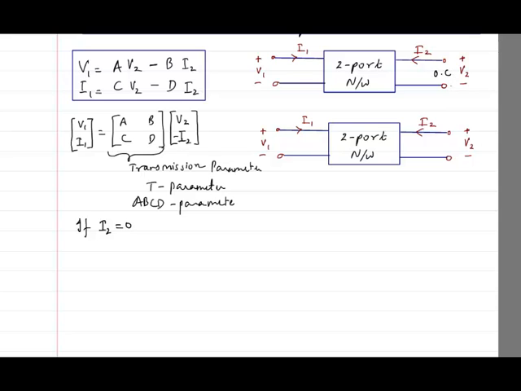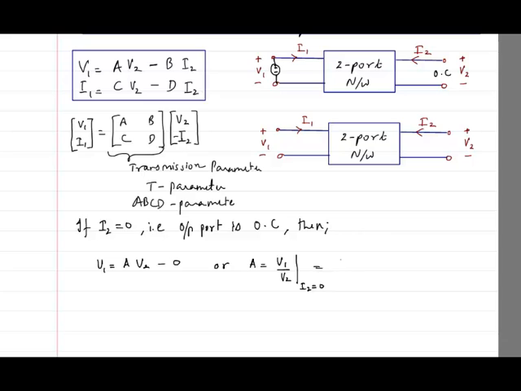If I keep this open circuit, and here I connect a voltage V1, because of which there is a current I1 flowing, then with I2 equal to 0, that is, the output port open circuit, I will have the equation V1 equal to A V2 minus 0, or V1 by V2 equal to A, so A is equal to V1 by V2 when I2 is equal to 0.